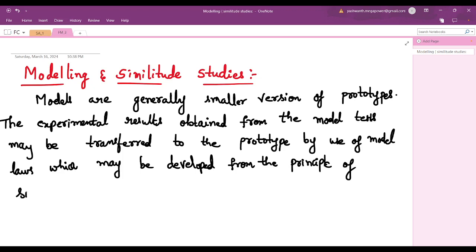So whatever I explained to you in the beginning of dimensional analysis, the very same thing I have written here.